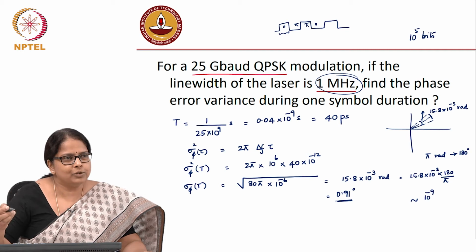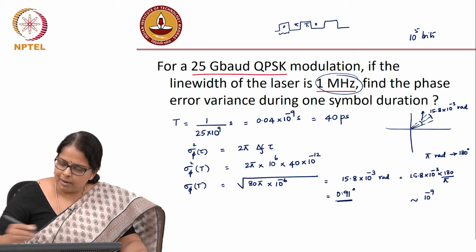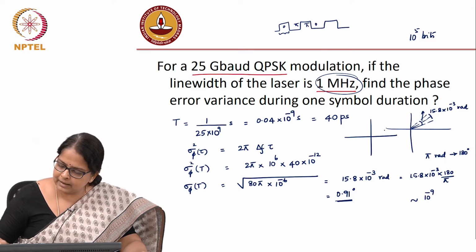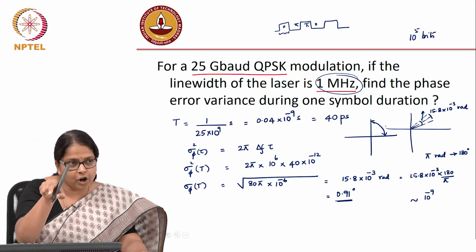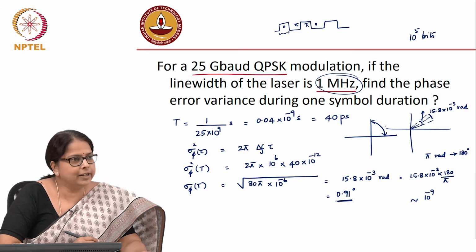Or let me ask you this question in another way. It is QPSK modulation. After how many symbols will the constellation cross a quadrant, 45 degrees? So, 45 degrees by 0.9, how much is that? 50.